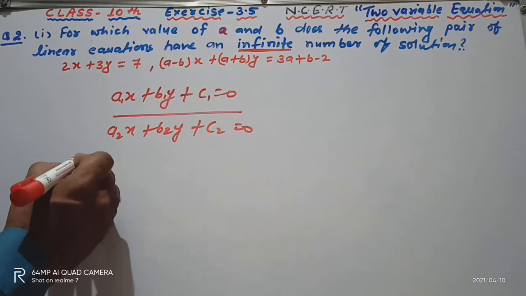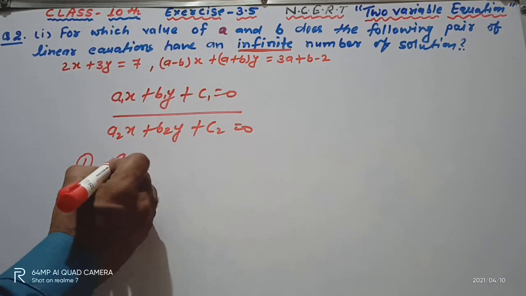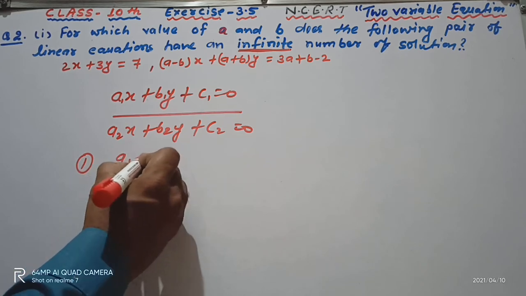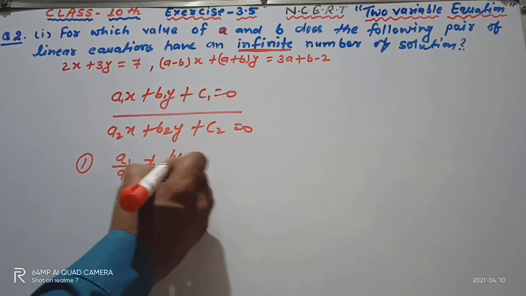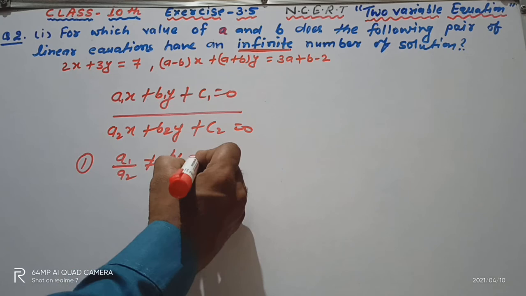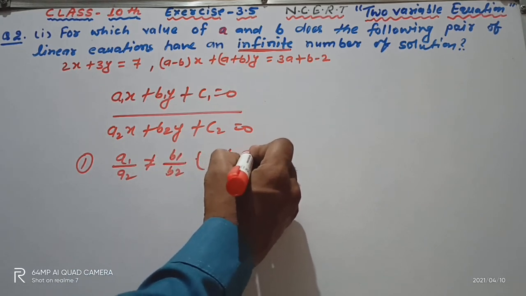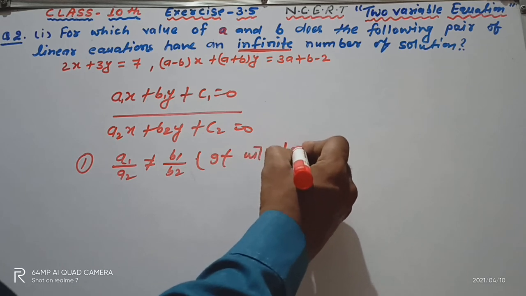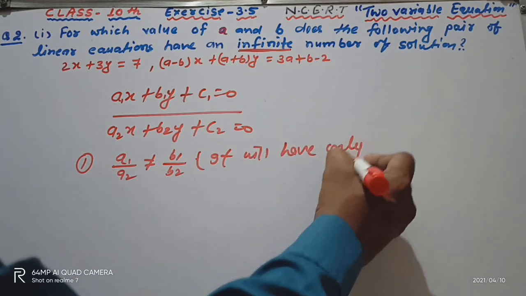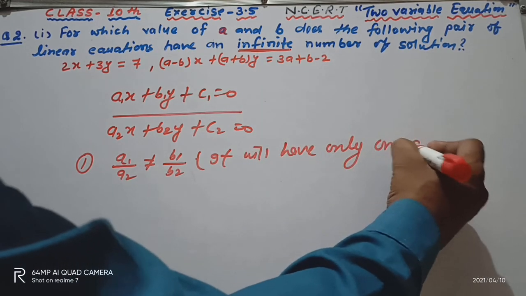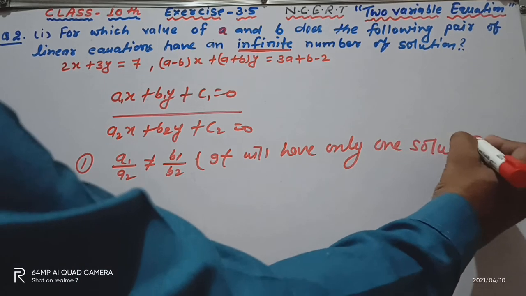In this case, what happens? The first one is, if a1 by a2 is not equal to b1 by b2, then it will have only one solution.